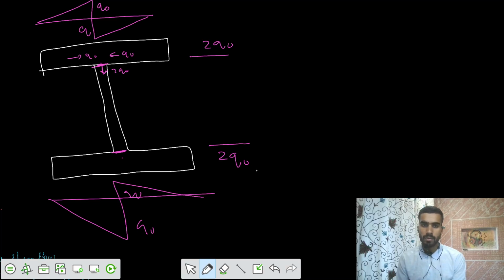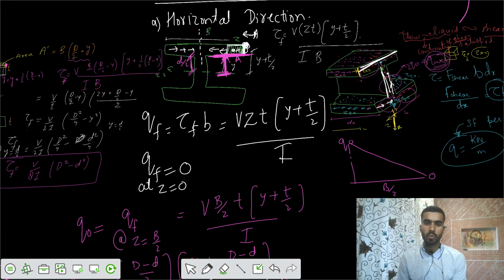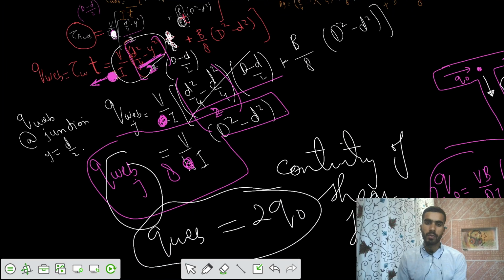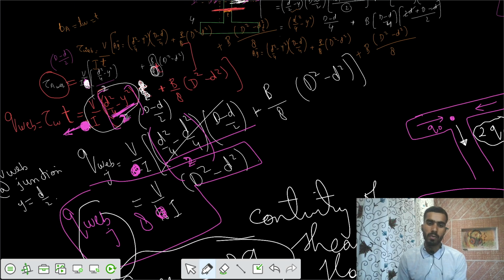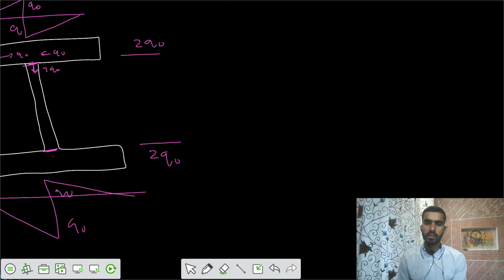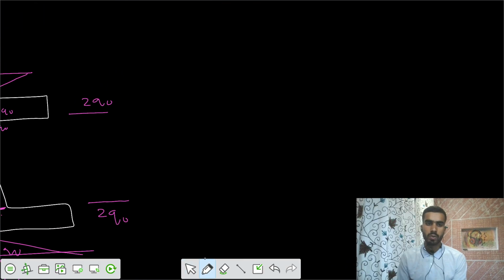Then after that there is a parabolic variation of shear flow, because the equation was in terms of y square. So the variation would be in terms of y square, a parabolic variation up to the neutral axis. So this is our shear flow variation in the web.